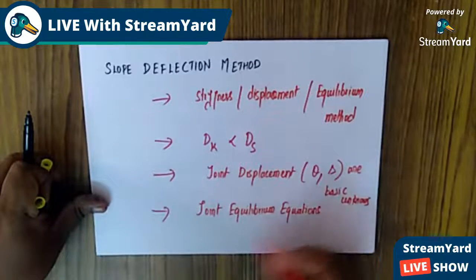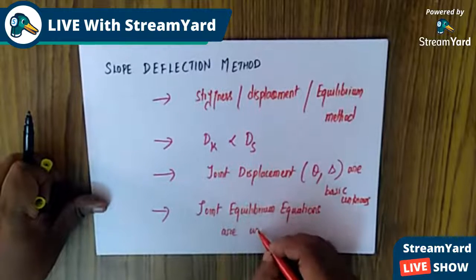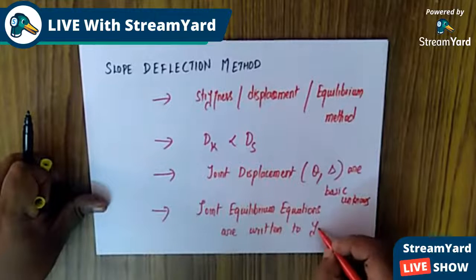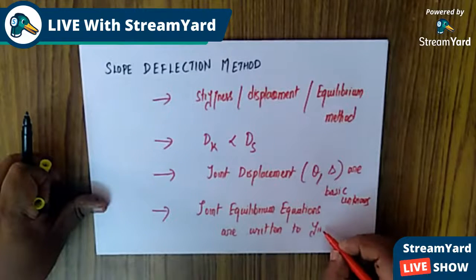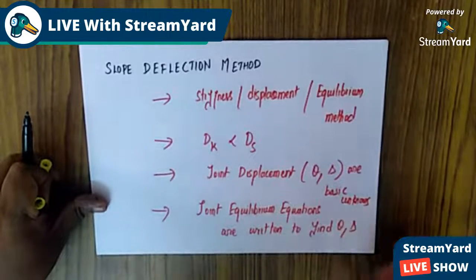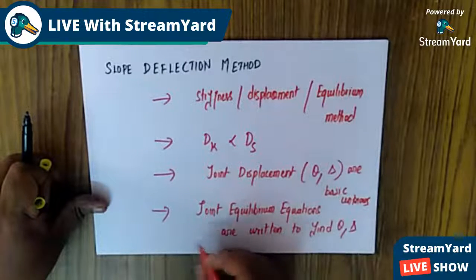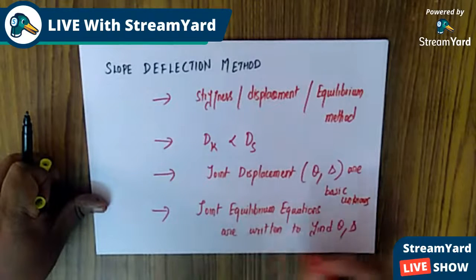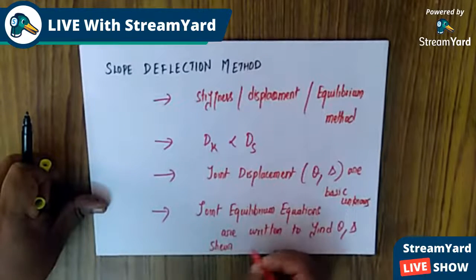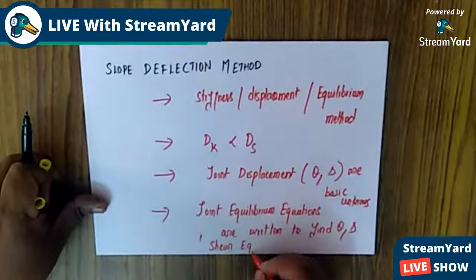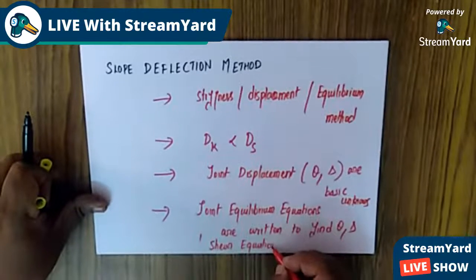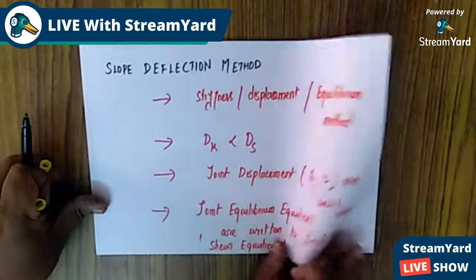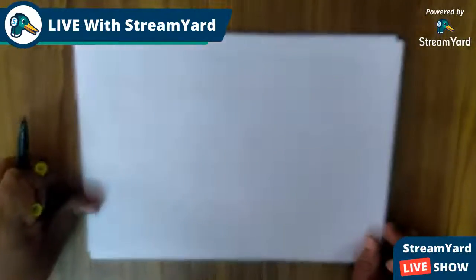In case of frames, instead of joint equilibrium equations, shear equations are written in order to find theta and delta.